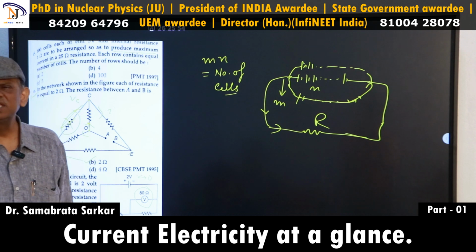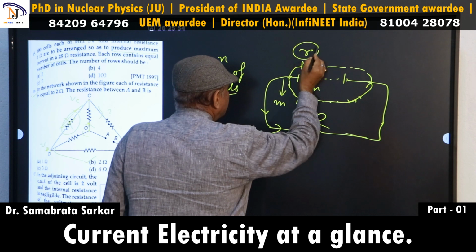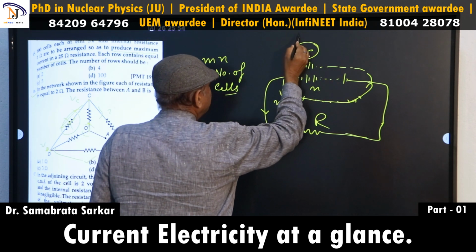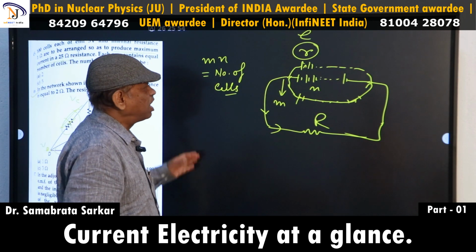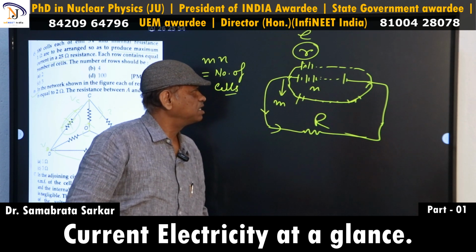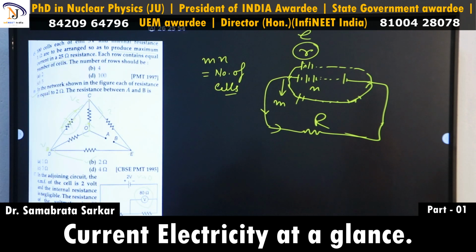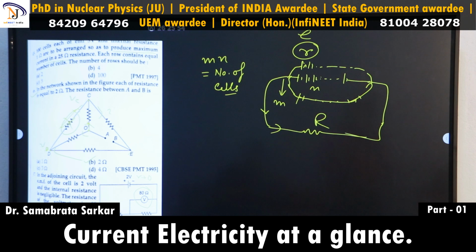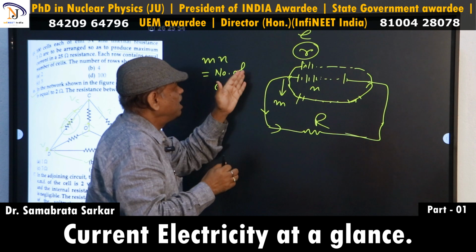Each cell is having internal resistance small r, and each cell is having EMF E. Do you follow me? Then how many cells are there in each row? n. Then what should be the total? One is adding to the other.